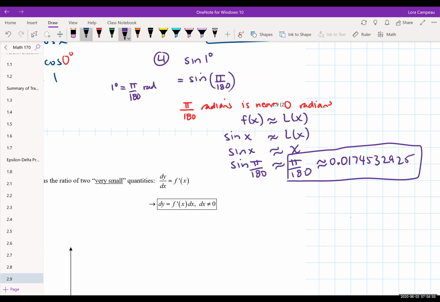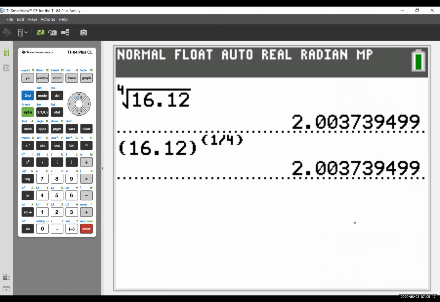And if you're interested, a little note: if we wanted to find the actual value, which is sine of 1 degree, for those of you curious, let's find out what it is. Let's pull up our TI. I have to be careful.